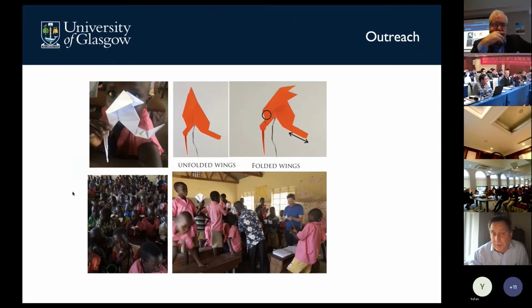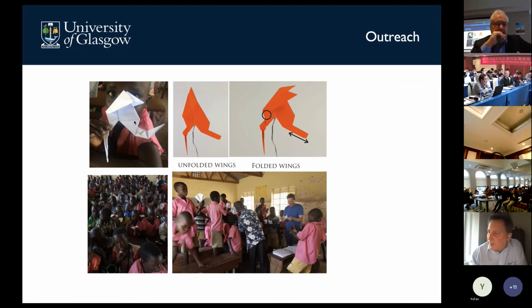We do quite a lot of public engagement as well. And here you can see a mosquito, which is an origami mosquito. And you remember the paper folding is exactly how we do the test.